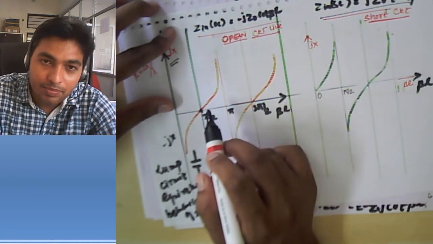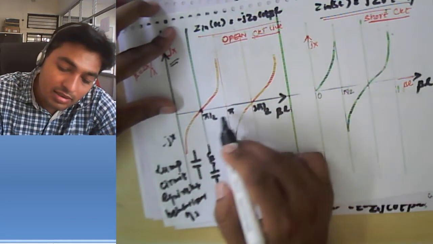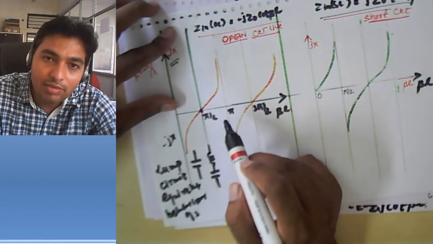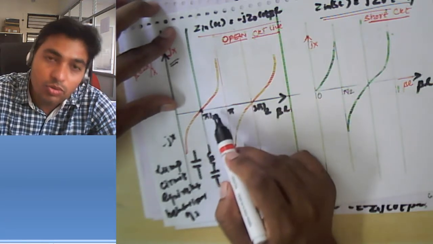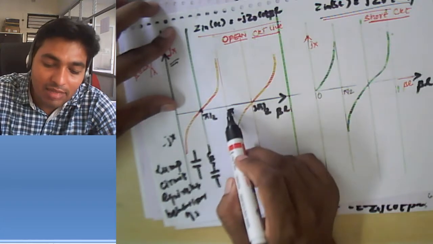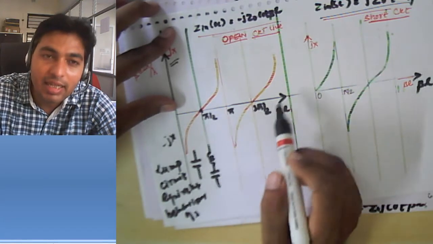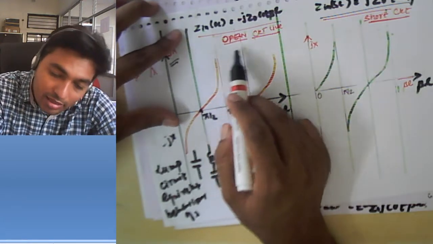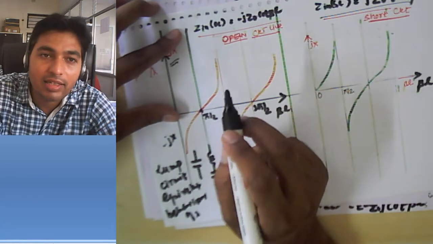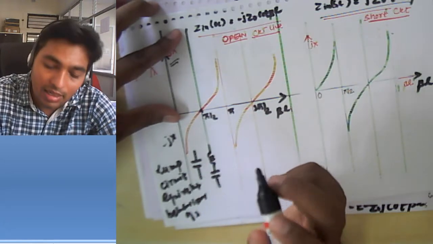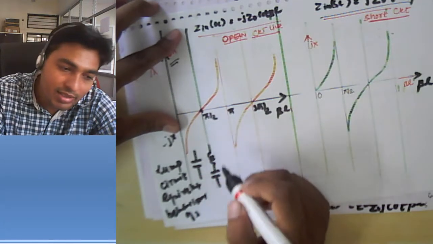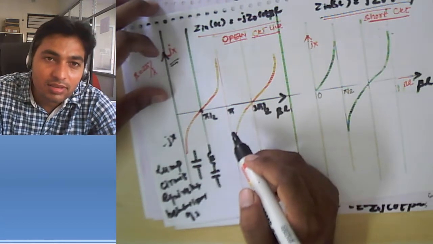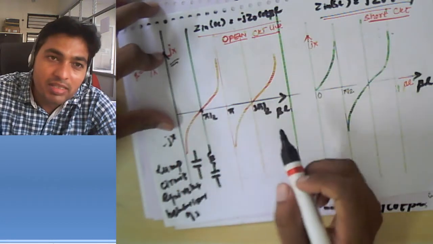to lambda, then beta L will be equal to pi. So when the length of the open circuited transmission line is from lambda by 4 to lambda, this is a positive imaginary impedance.